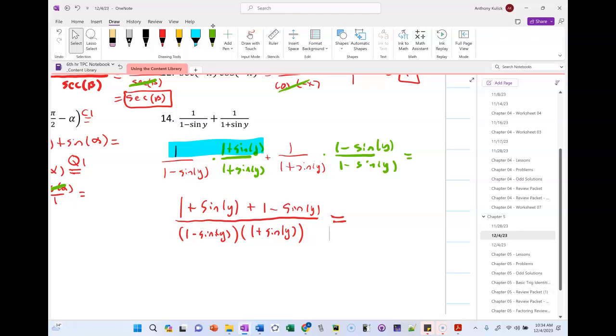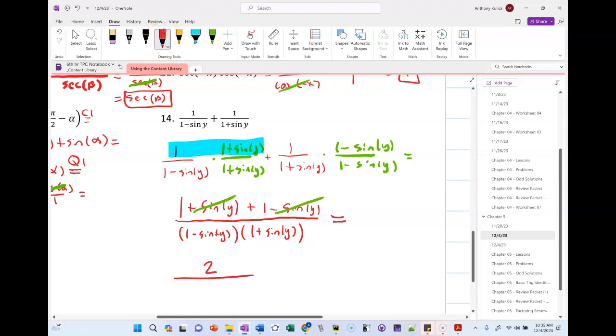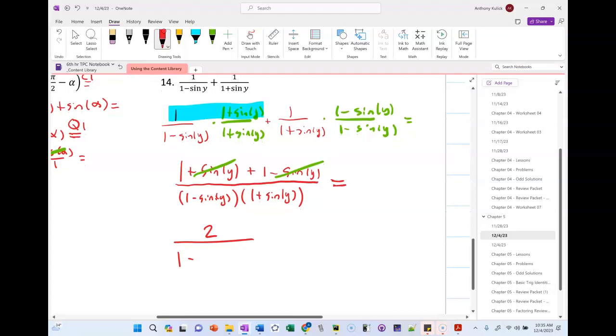Can't you add? Yes, you can add the 2 equations. Yeah, you can do 1 plus 1 and sine y plus negative sine y, right? So those guys add to give you 0. We have a 2 on top, I'm then going to FOIL out the denominator. I'm going to use P1.